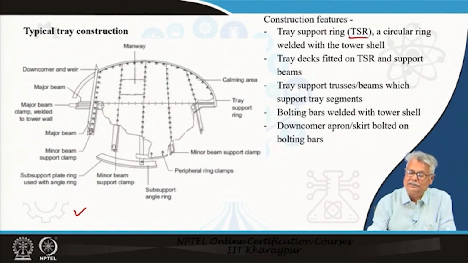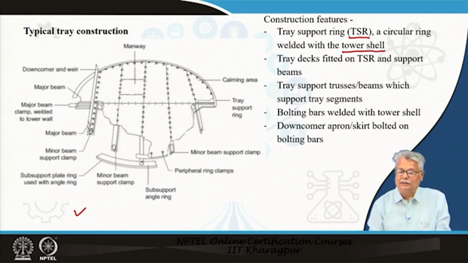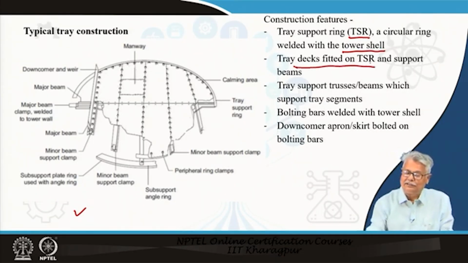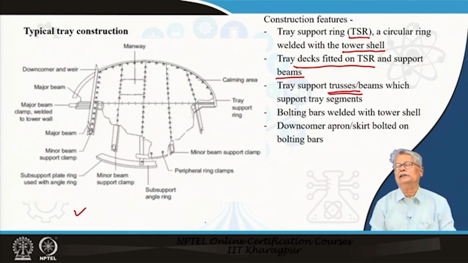We are aware of the tray support ring, which is a circular ring, not a complete circle of course, but it is welded to the tower shell. It is bolted to the deck. The tray deck is fitted on the TSR and the support beams that we have already seen. The beams may be simple beams or could even be trusses. The trusses are used in case your construction dimensions are really big.